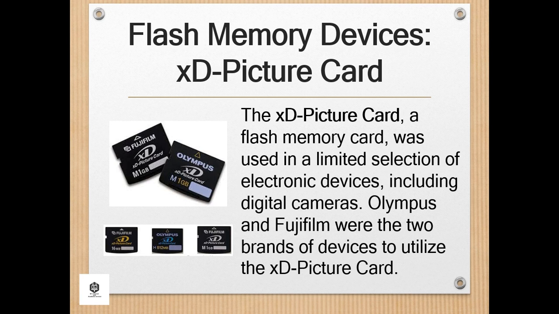It had a capacity of up to 512 MB for the original version, up to 2 GB for the Type H, and other versions. Its physical dimensions are 20 mm by 25 mm by 1.78 mm.